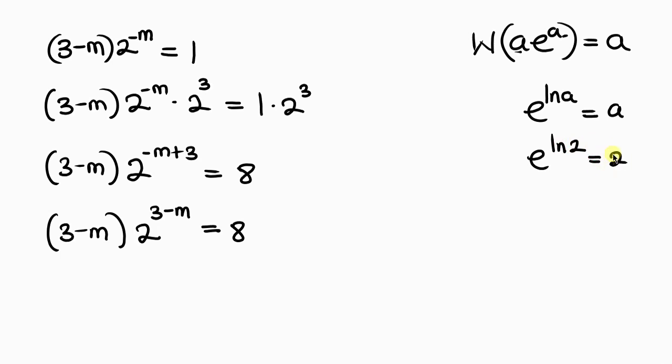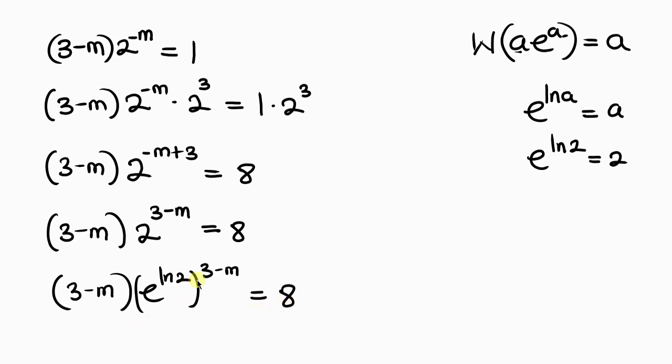So I'm going to be replacing this 2 with this. So we have 3 minus m times, this will become e to the ln 2. Remember, this 2 is being raised to the 3 minus m. So I'm going to be raising this to the 3 minus m. And this is equal to 8.